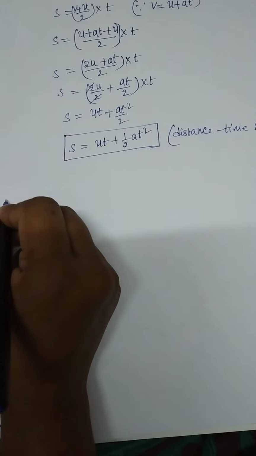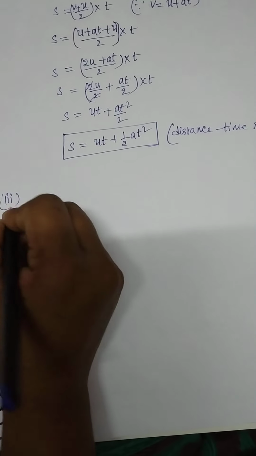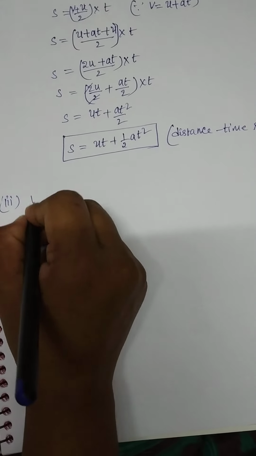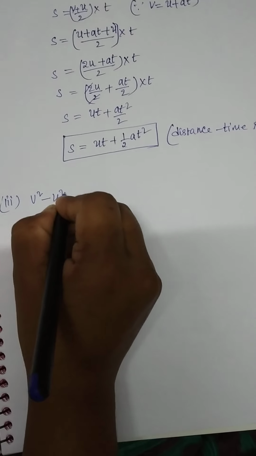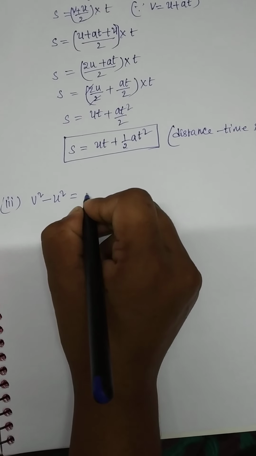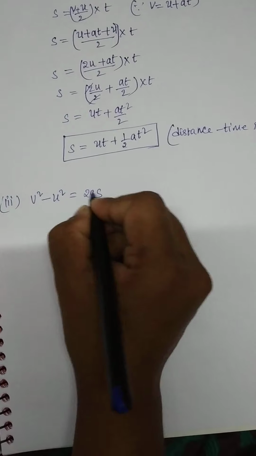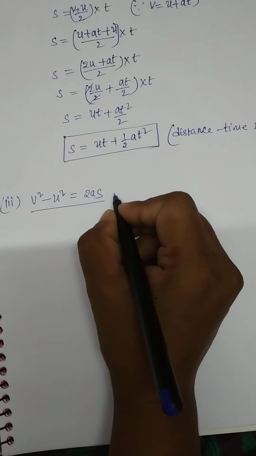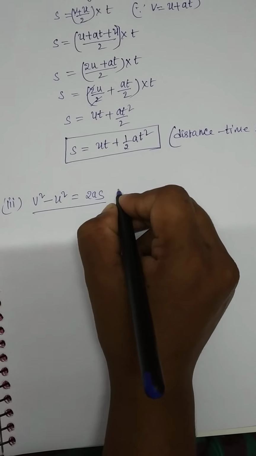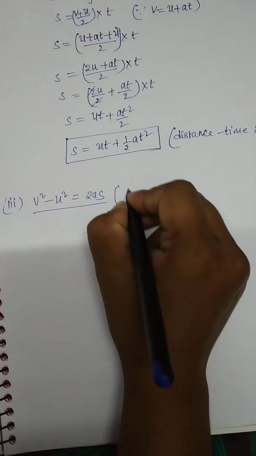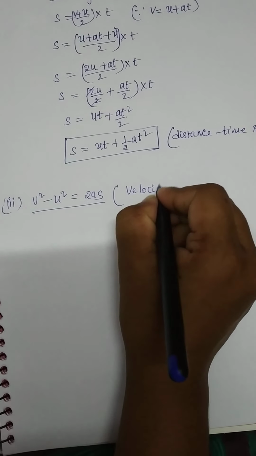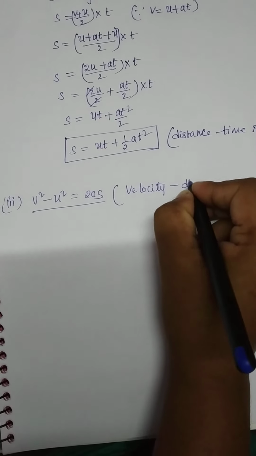Now let us prove the third equation of motion, that is nothing but v square minus u square is equal to 2as. This is also called as velocity distance relation.